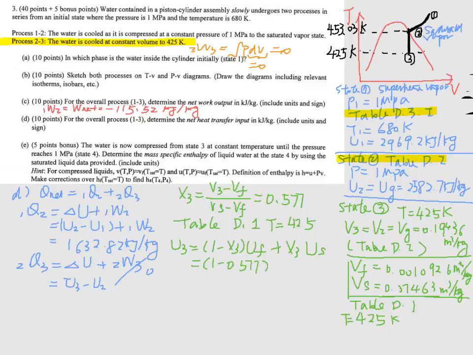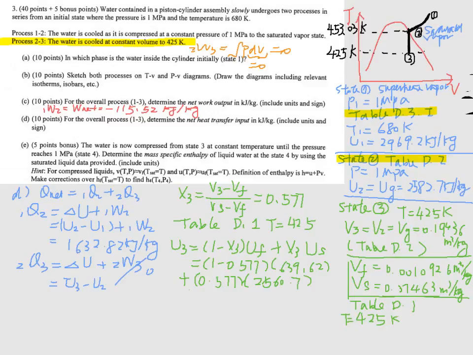So UF is 639.62 plus x3, which is 0.577, times UG, which is 2,560.7.